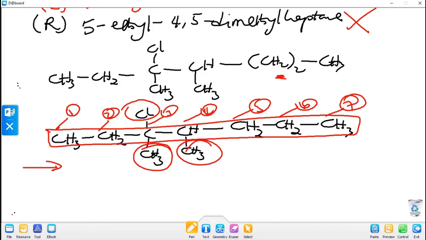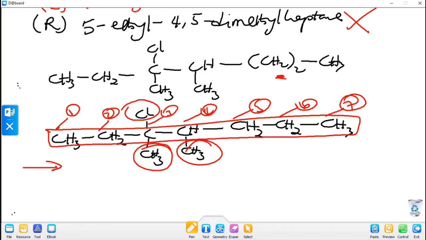There is no need going to debate whether we should come from the right hand side, because if we are to come from the right hand side, automatically we are going to have our side chains falling under carbon 4 and also falling under carbon 5. So it is better to have it fall under carbon 3 and carbon 4. So we have our side chains there, chlorine and 2-methyl.